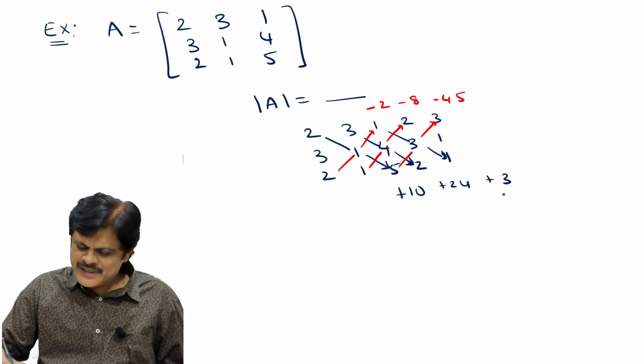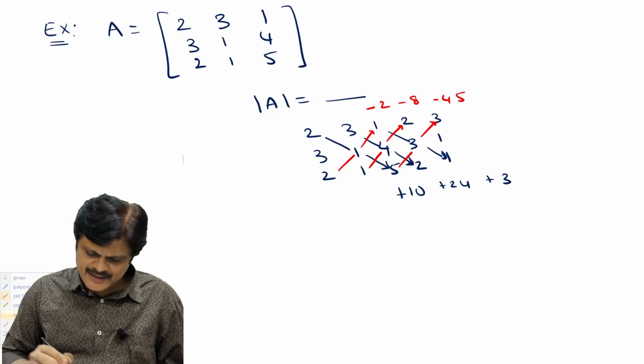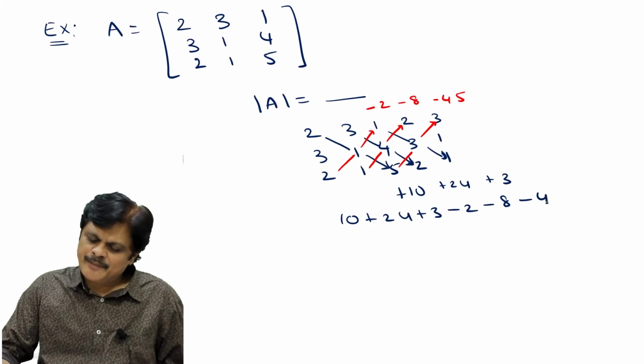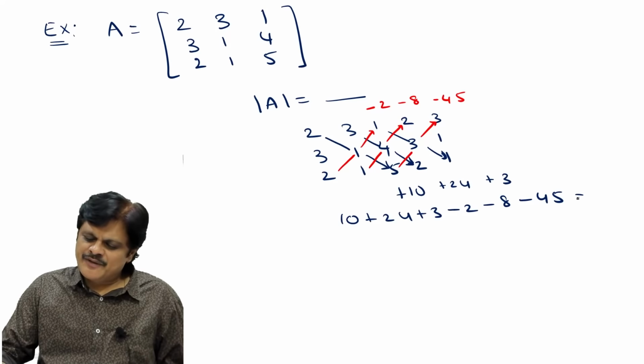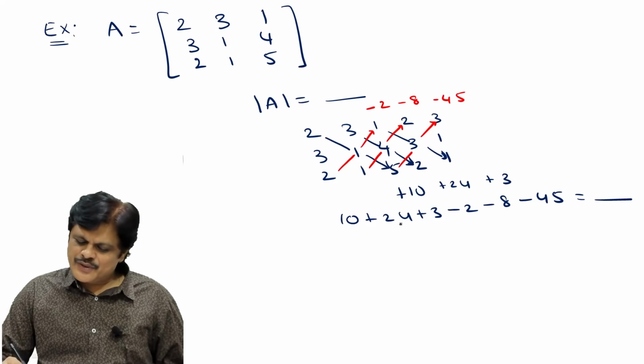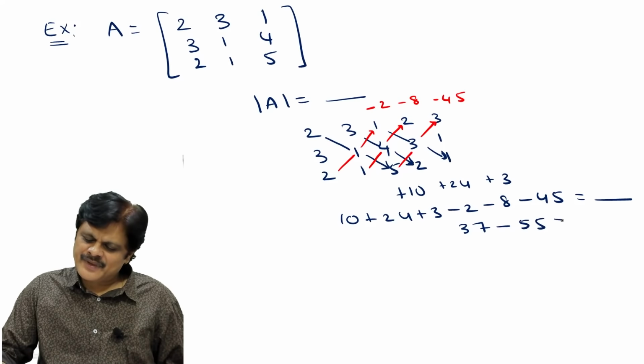Now you have to sum up all these values: 10 plus 24 plus 3 minus 2 minus 8 minus 45. If you simplify, we get the required answer. This is 34, 37, minus 10, minus 45, minus 55.